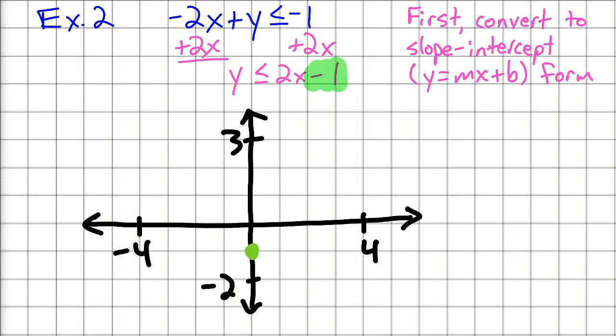Then my slope is 2, so up 2 to the right 1, up 2 to the right 1, up 2 to the right 1, or down 2 to the left 1. Either one of those works. So I can have a point here, and there, and down there. Because this is a less than or equal to, it's going to be a solid line, so I connect those points with a solid line straight through.